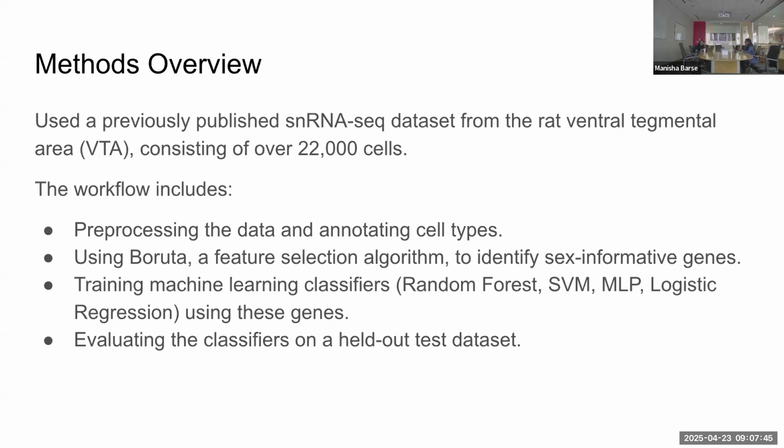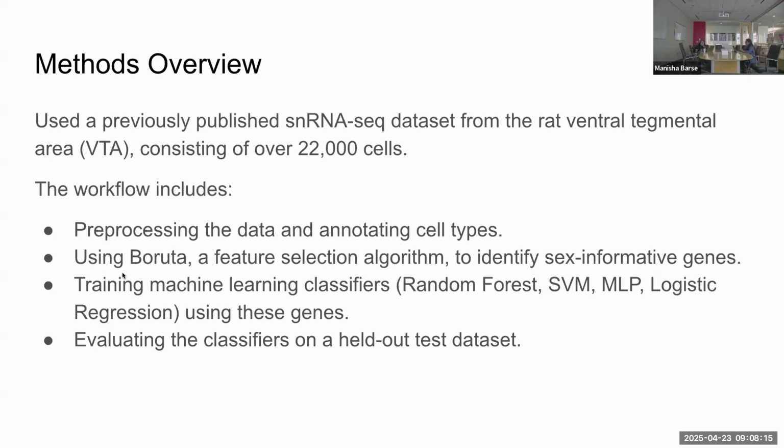So, just a brief overview of the methods. The authors use their previously published single nucleus RNA-seq dataset from the rat VTA, ventral tegmental area, which consists of over 22,000 cells. In this workflow, they do the pre-processing of the data and annotate the cell types, which is already done from the previously published data set.